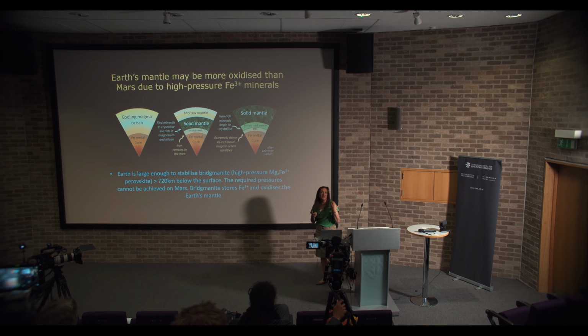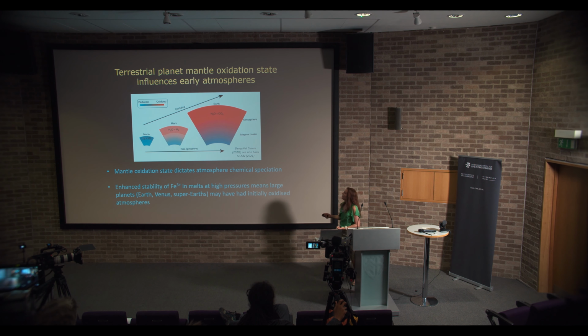And it may be that the stability of this phase in the Earth's interior in turn sets the elevated oxidation state of its mantle, oxidized above what we would expect from the position in which our planet accreted in the solar system. And understanding this is important, of course, because it's this internal mantle oxidation state that ultimately will drive the oxidation state of its initial atmosphere.